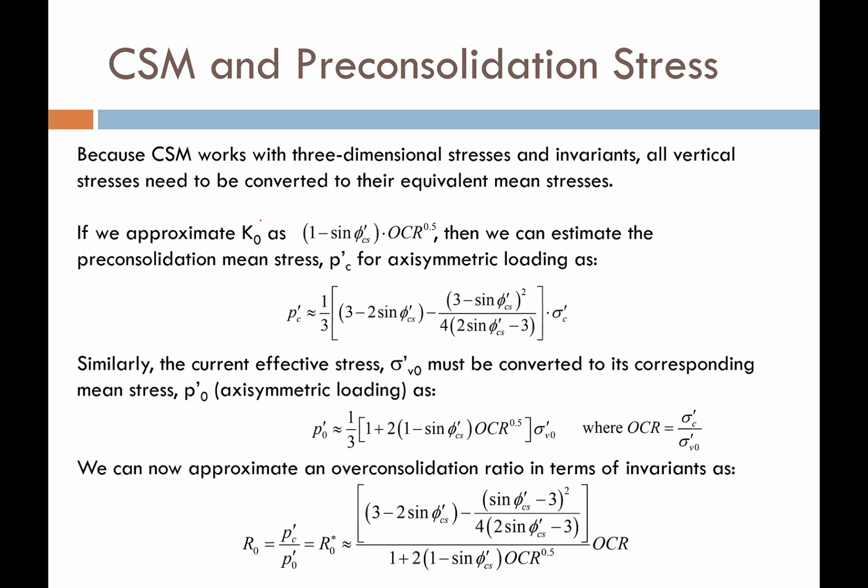Now, remember the at-rest earth pressure coefficient gives us a horizontal stress. It's going to be the earth pressure coefficient times the vertical stress. If the soil is at rest and everything is in equilibrium and nothing is moving relative to other things, then we're going to say it's the at-rest earth pressure coefficient. And geotechnical engineers commonly use this equation right here to get that at-rest earth pressure coefficient.